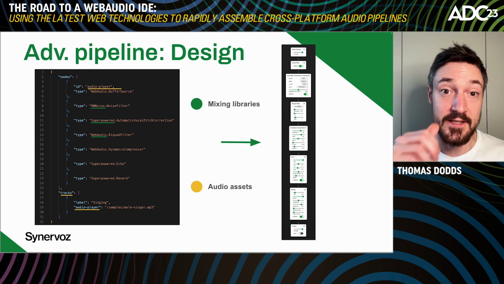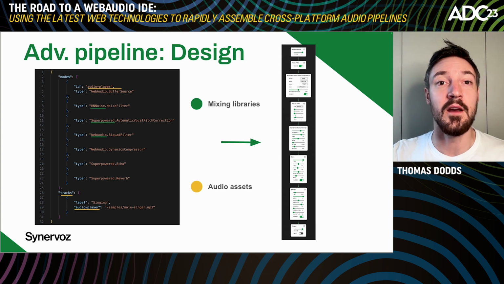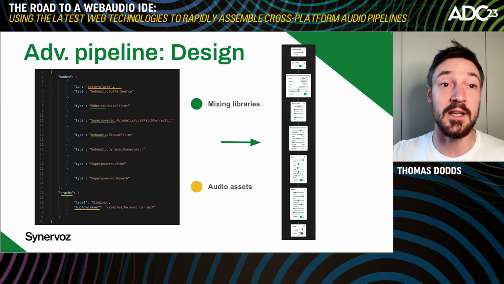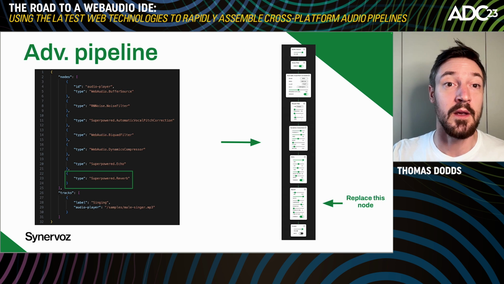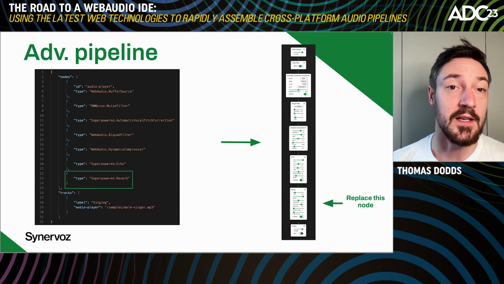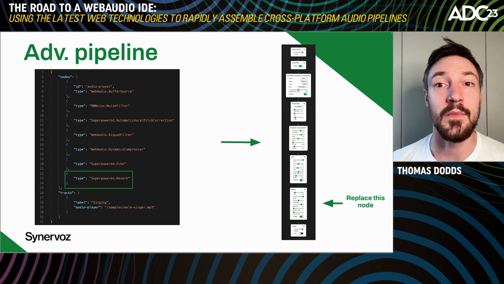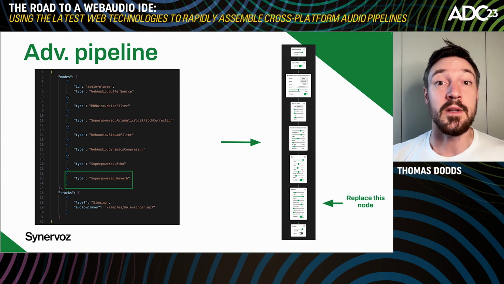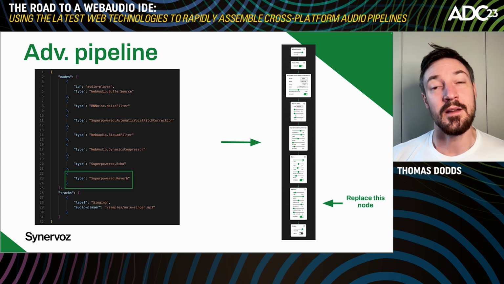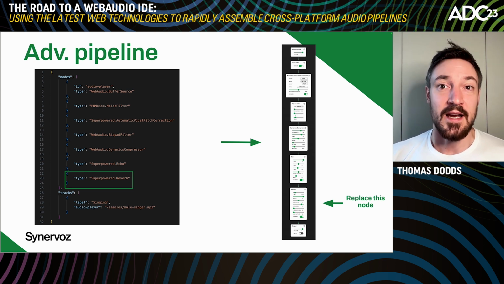So let's say we want to change a part of the chain, just one particular node in the chain. So this node that we'd like to replace is the reverb node, which is the last node in the chain. We'd like to reload this and evaluate two different nodes side by side, but without reloading the entire graph.